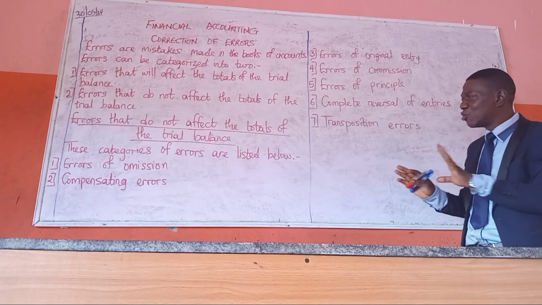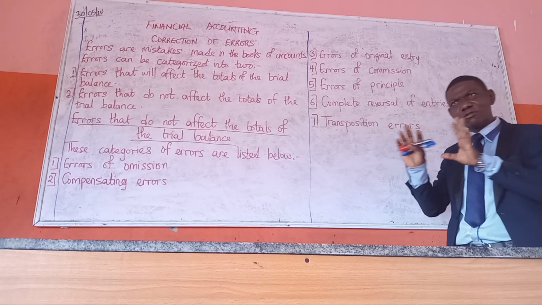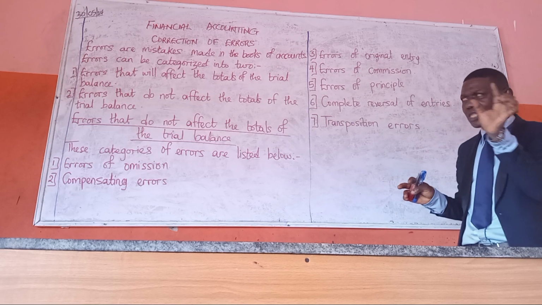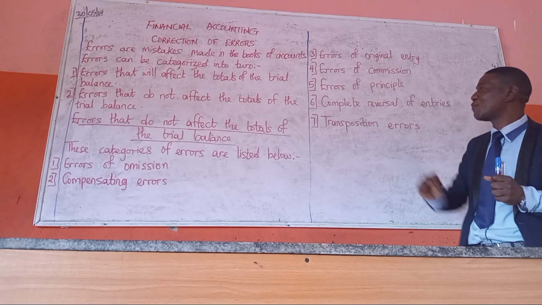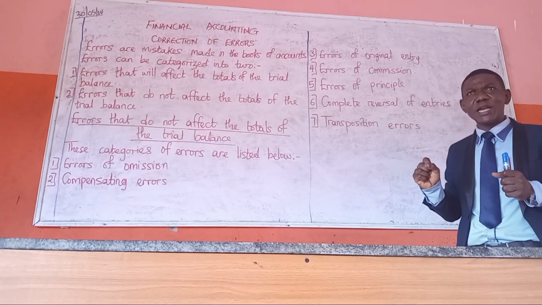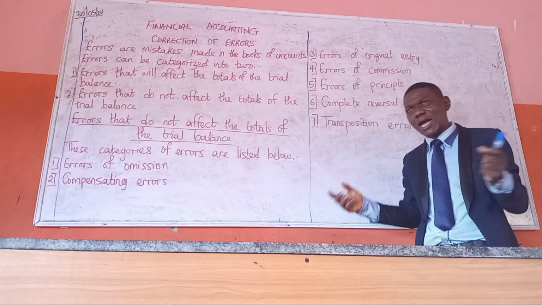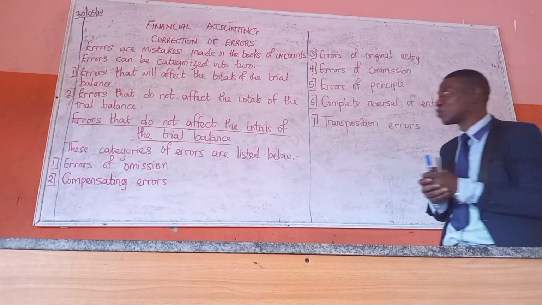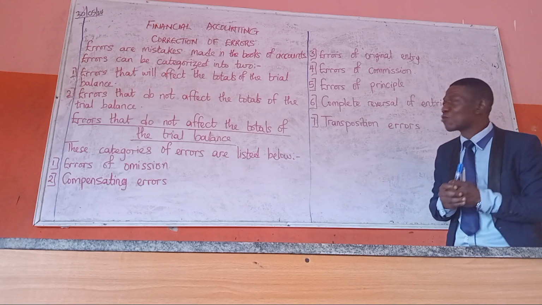That is, there is no mistake in the sides. You have posted to the debit side of an account correctly and the credit side of an account correctly, but with a wrong figure. What you have to do is just find the difference between the recorded figure and what is supposed to be recorded, and you add it back to where it's supposed to be. And number four is errors of commission.